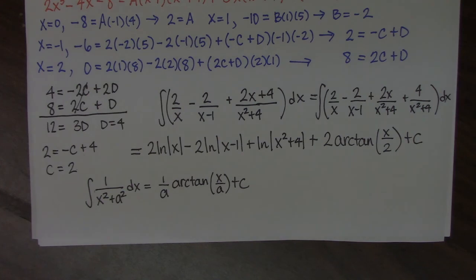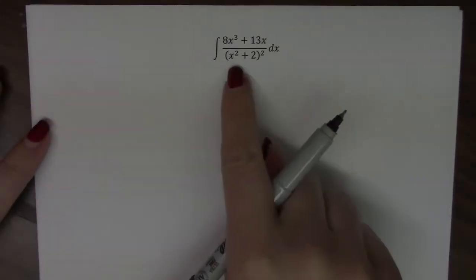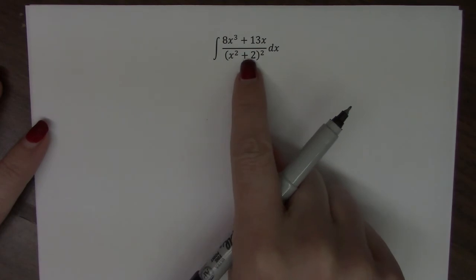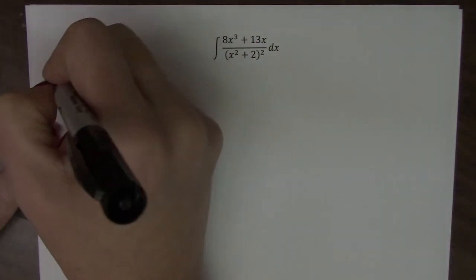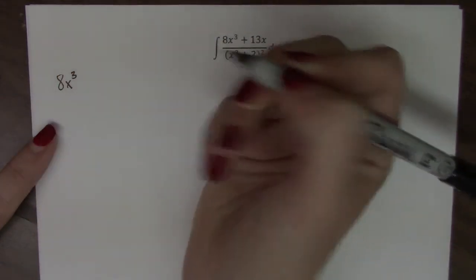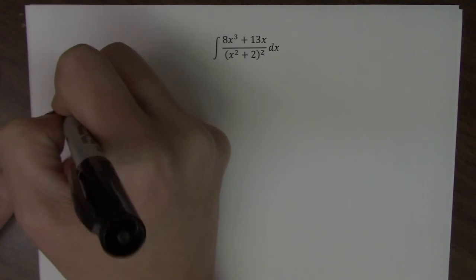Okay. So there's one more method I want to show you, and that's how to deal with repeated quadratic factors. With repeated quadratic factors, what we have here is an irreducible quadratic that's raised to the 2. So when you set this up, your fraction is 8x cubed plus 13x over (x squared plus 1) squared.